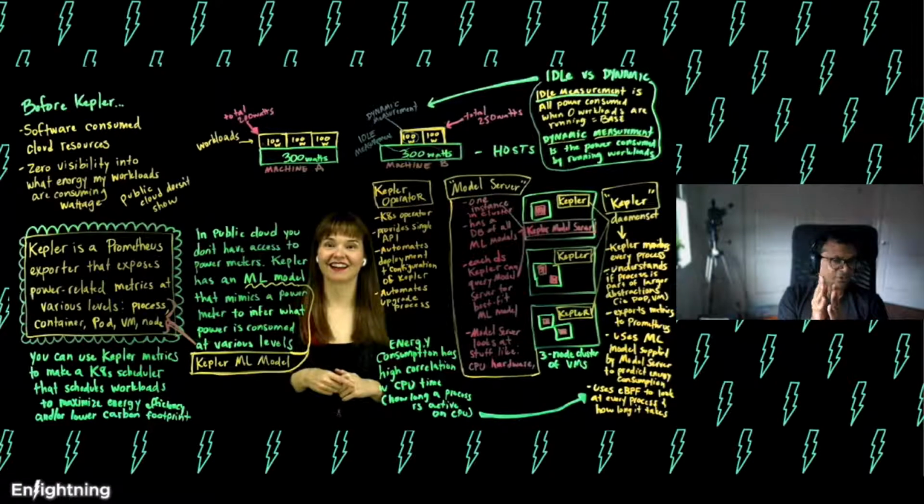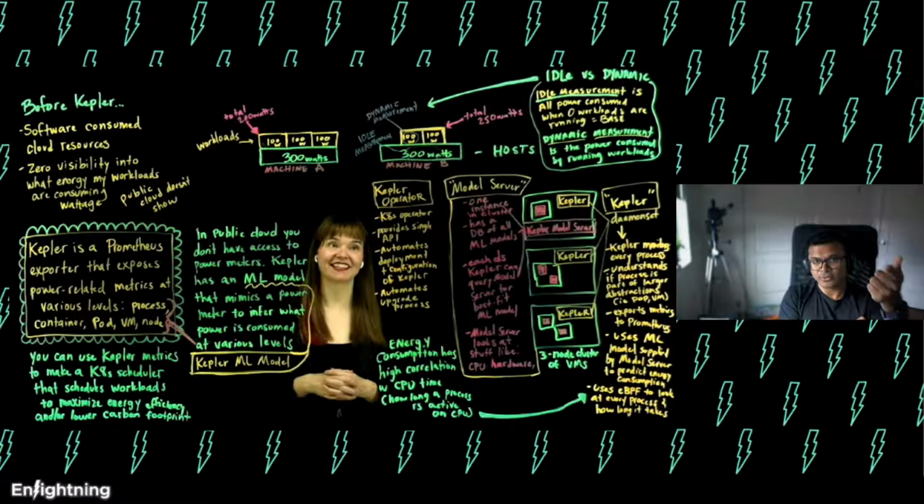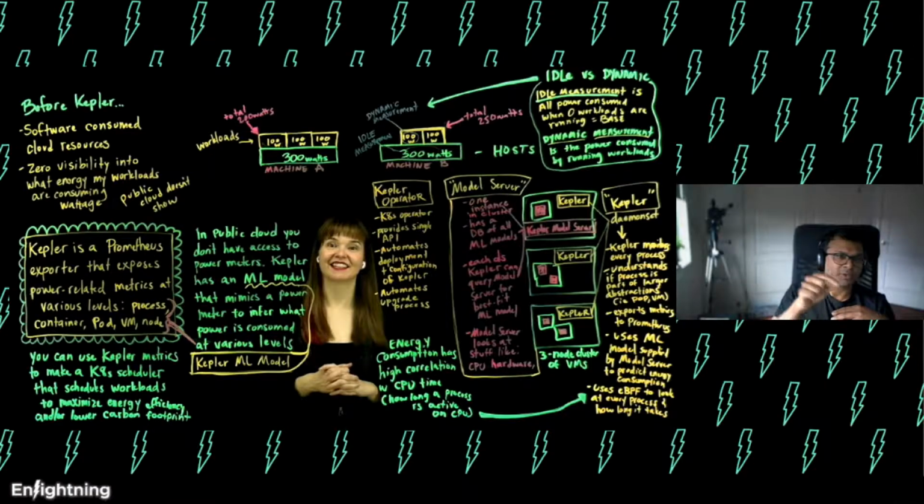However, even in that 250, we know the actual usage is 100, because that's the dynamic part that you care about, and the rest is idle, which is not in your control. What you can control is that 100 watts, not the 150 in machine B. That's where your optimization will show up.